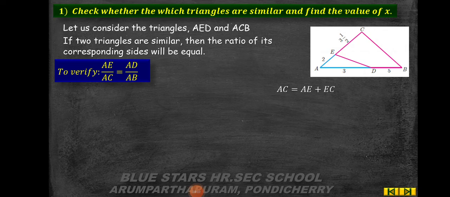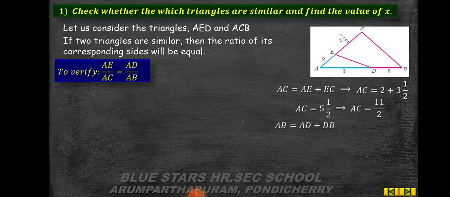So AC is equal to AE plus EC, which implies AC is equal to the value of AE, 2, plus EC, 3 into 1 by 2. So AC is equal to 5 1 by 2, which implies AC is equal to 11 by 2.